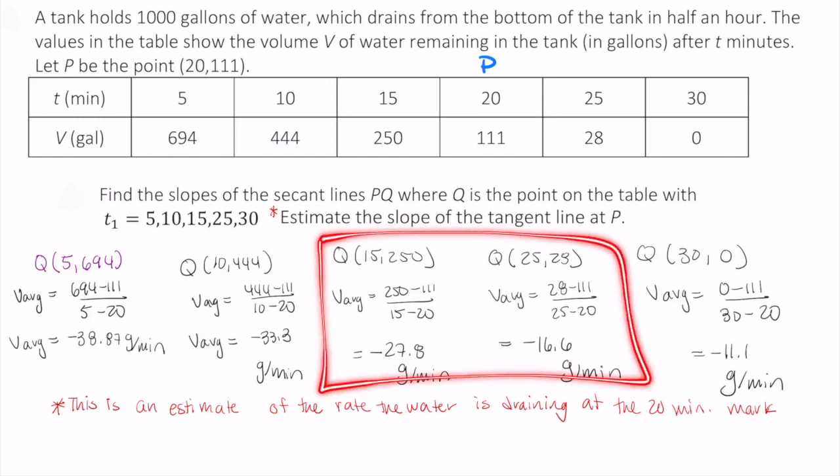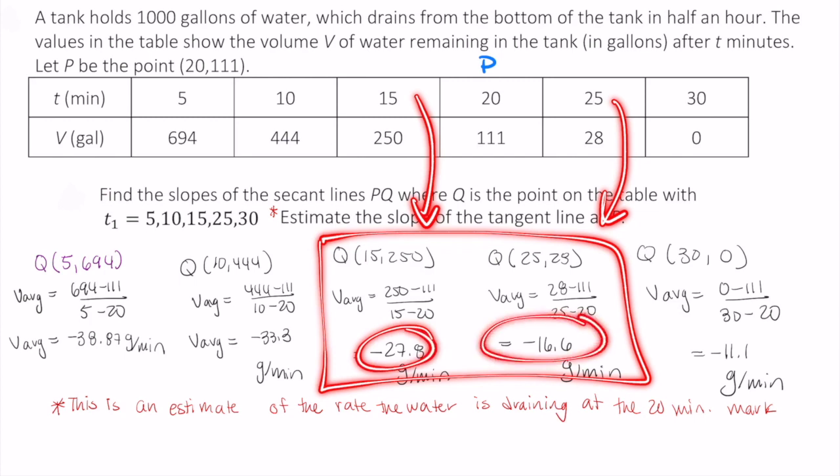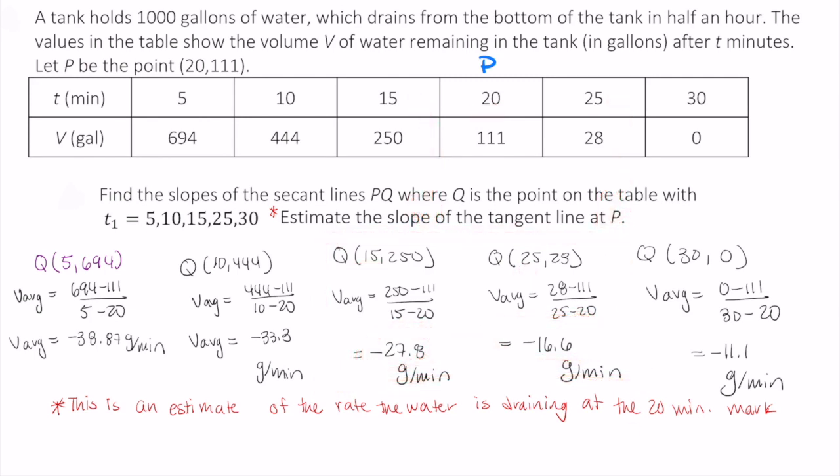So these are the adjacent secant lines, or the adjacent slopes of the secant lines. That is the average water loss between 15 minutes and 20 minutes and between 20 minutes and 25 minutes. And we're going to use these two values to estimate the rate of water loss at exactly the 20-minute mark.